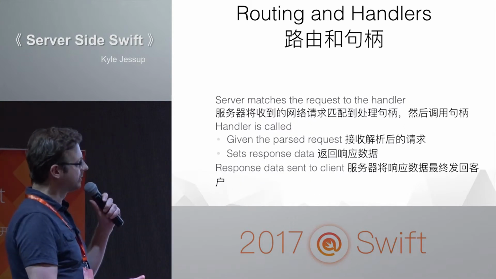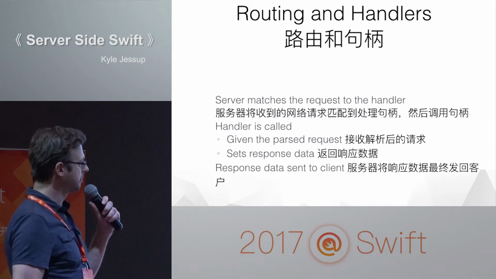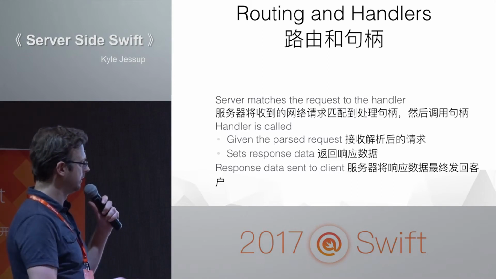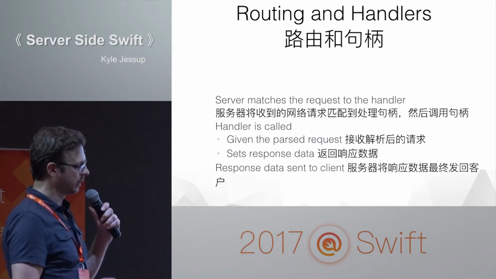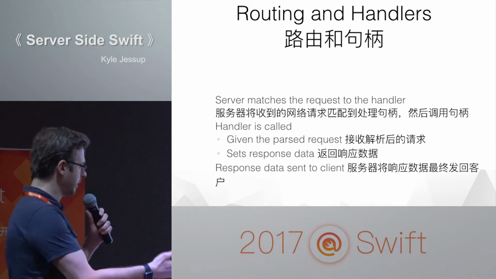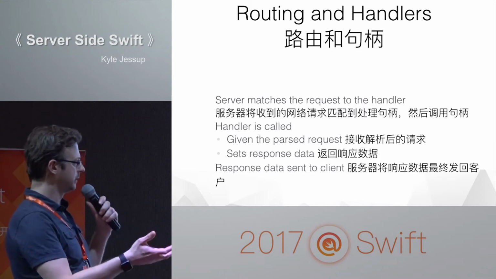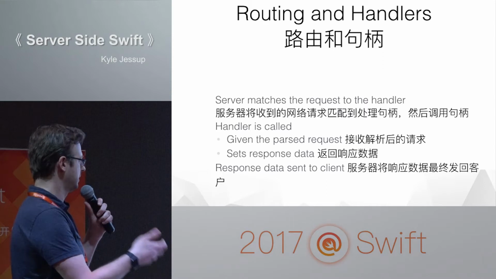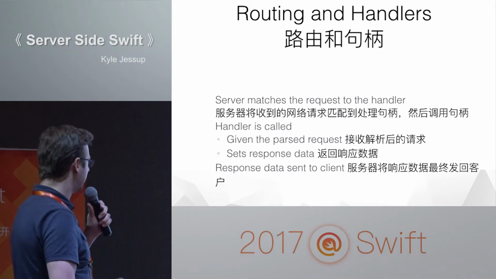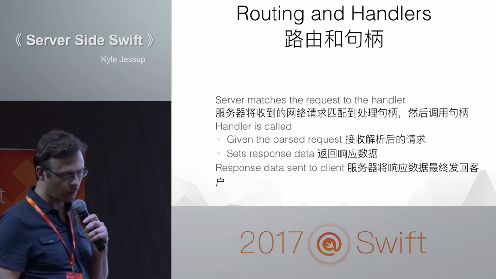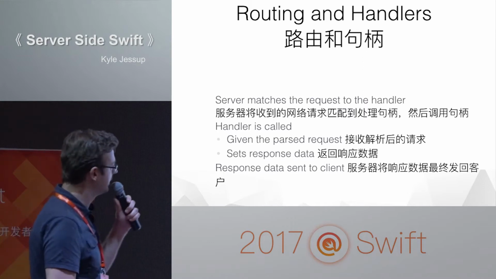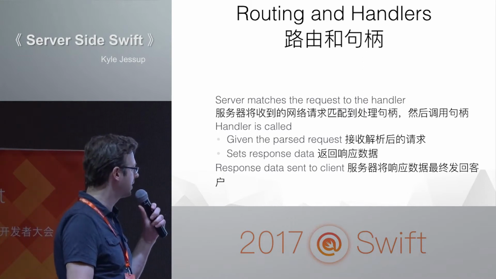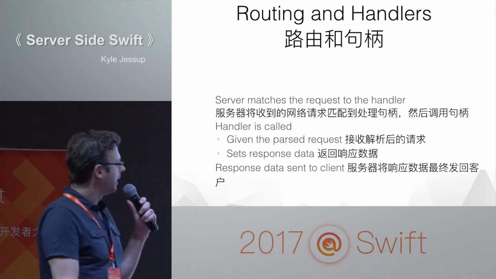So the server matches the request to the handler. It does this by just looking at the data that you provided. Is the request a GET request? Well, we can write that's a GET. What's its URI? Does it match? Yes, it does. No, it doesn't. We have a few other features. You can put in wildcards or variables in the URIs as well. These all get checked at this point.